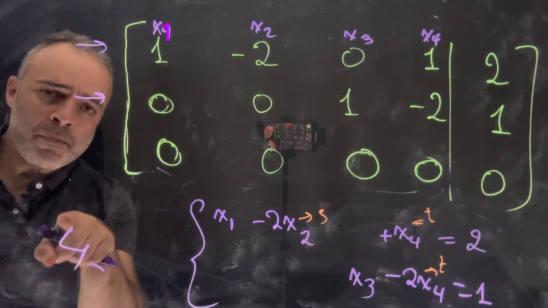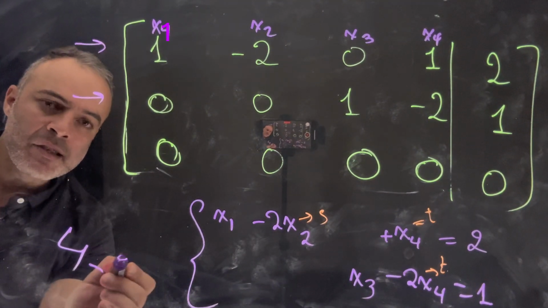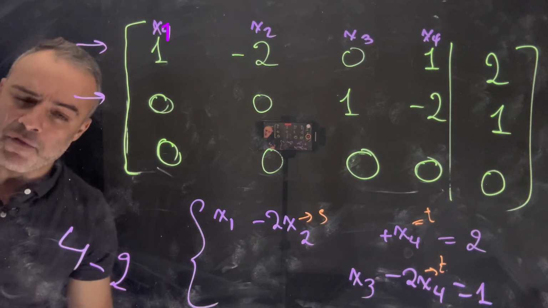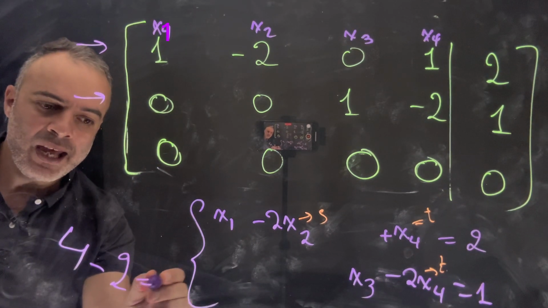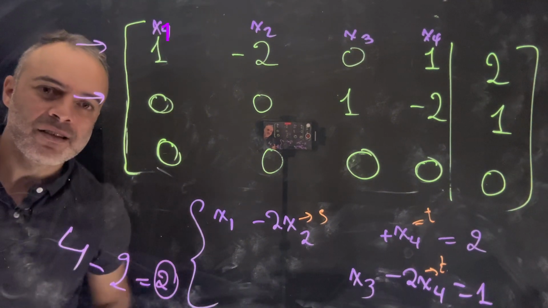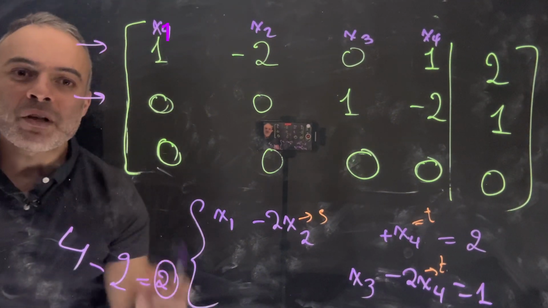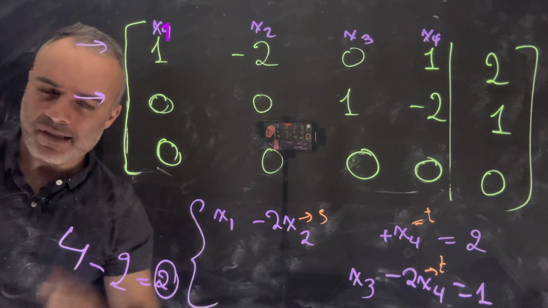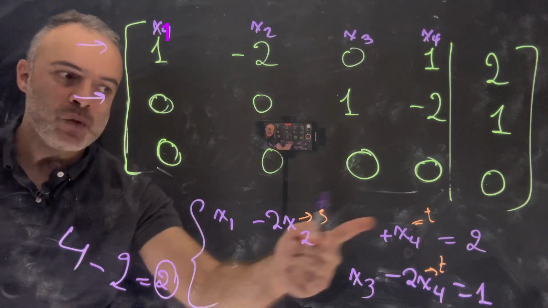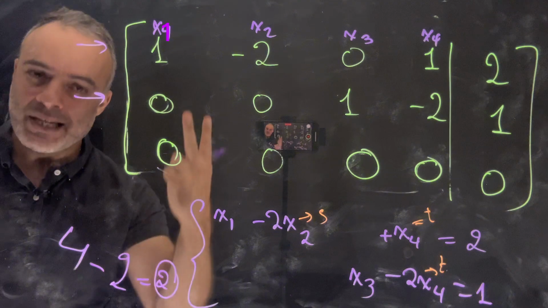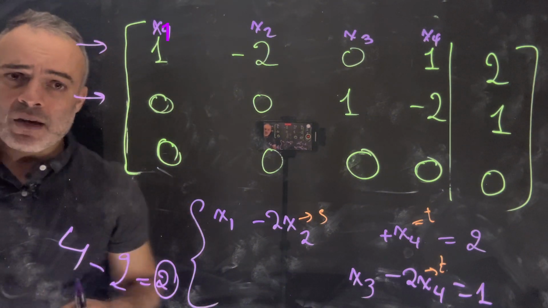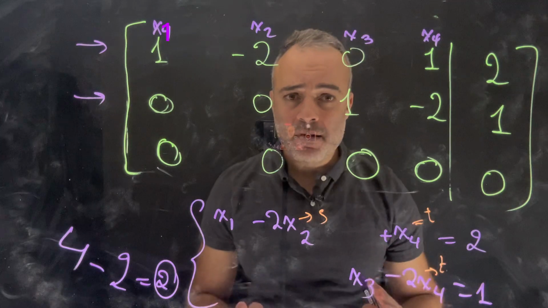So I take the number of variables minus the number of non-zero rows in the REF, or RREF, and the answer will be the number of parameters I need for this system. So we get 2. And yes, we got t and s. We did need 2 parameters. I think that really helps.